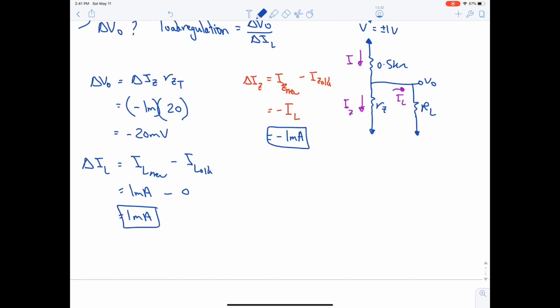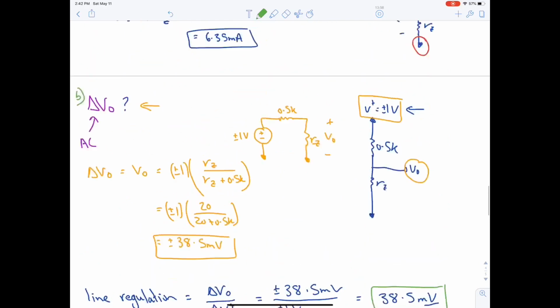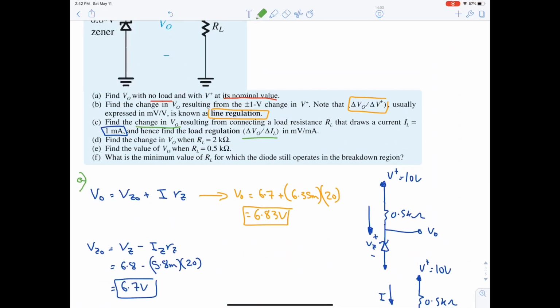Now the load regulation, which is equal to delta V naught over delta IL, is equal to minus 20 millivolt over 1 milliampere, which is equal to minus 20 millivolt over milliampere. Okay, we're done for the third part. Let's move on to part D.